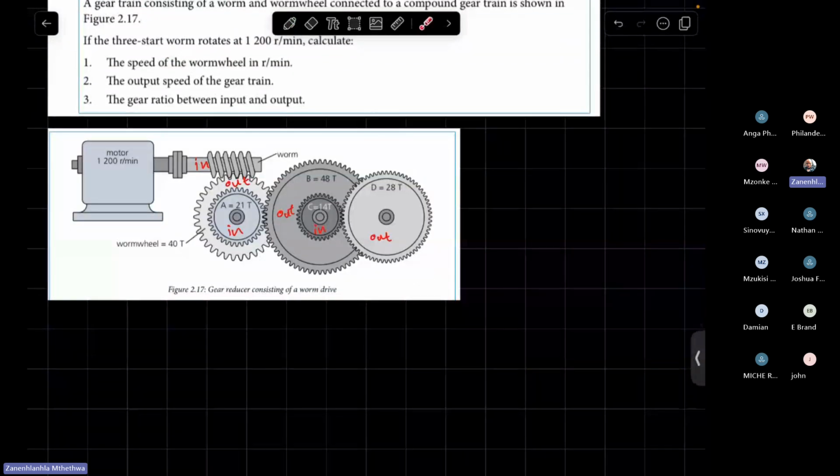As we've established, because these two are meshing, the relationship between them is one of circumferential velocity.